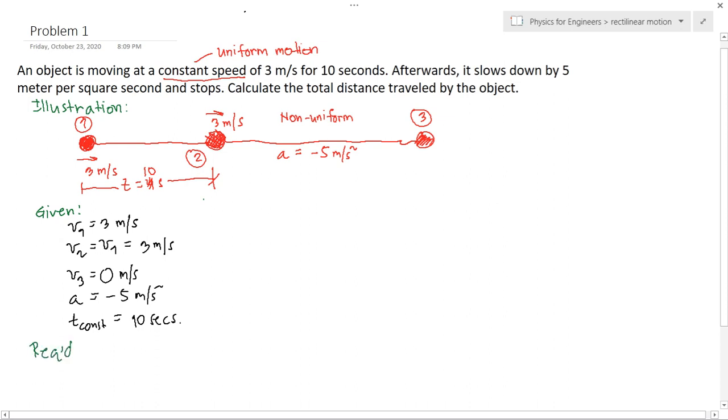So ano ba yung mga required dito para sa problem na to? Okay, so we have displacement, delta x, total displacement, meaning meron siyang displacement at constant speed, di ba? Constant speed plus displacement niya before it stops.